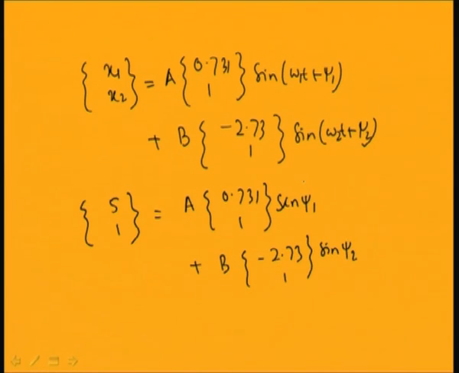Now, I can differentiate this equation to get the velocity terms, and from this I can substitute the initial velocities, 0 and 0. So, x1 dot(0), x2 dot(0) are already known to be 0.